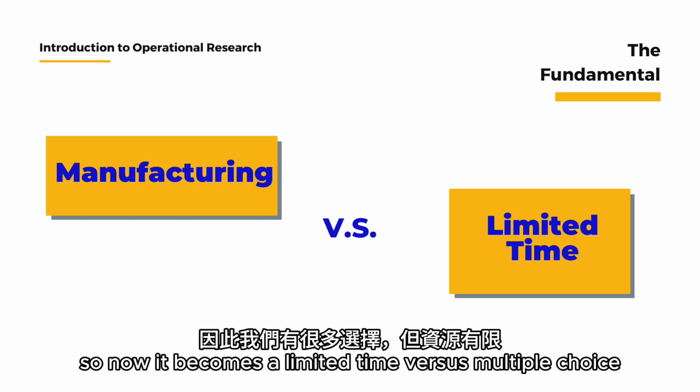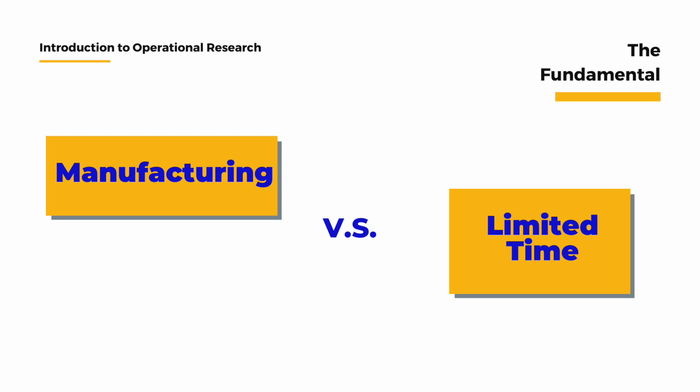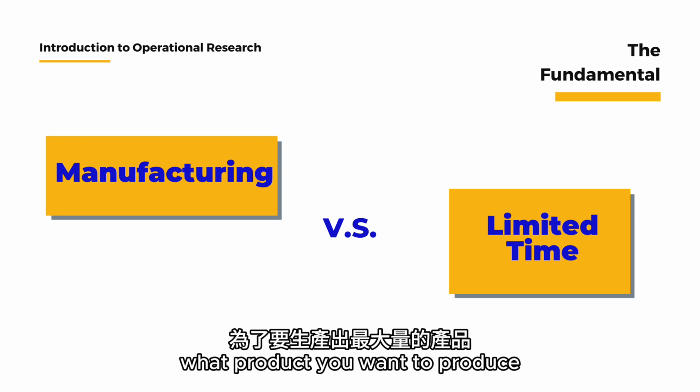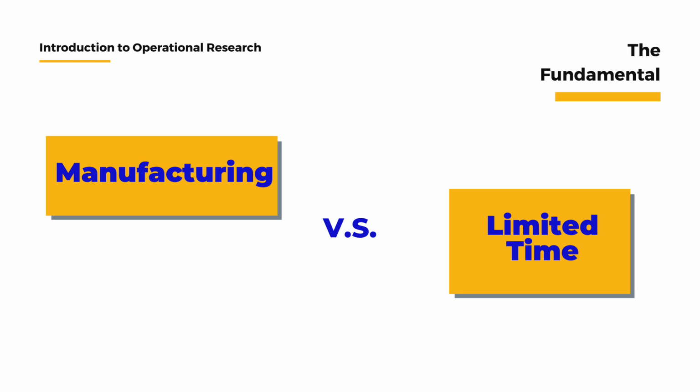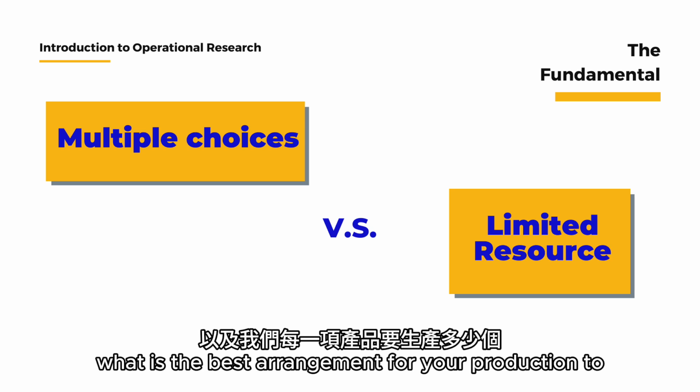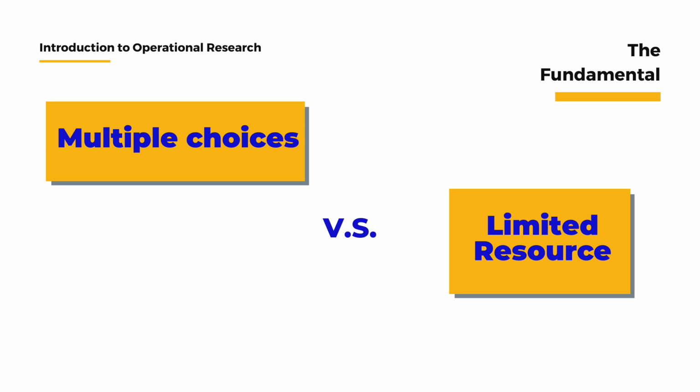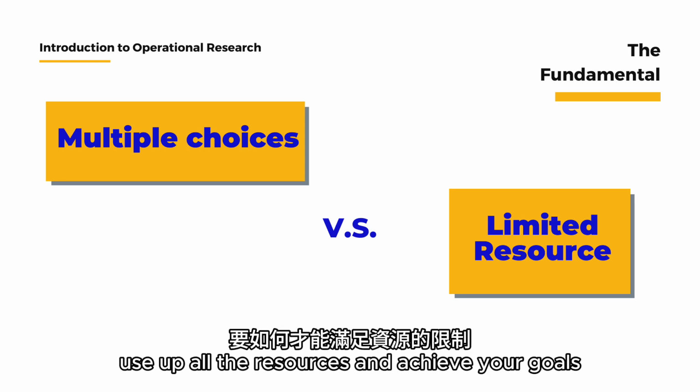So now it becomes limited time versus multiple choices. What product do you want to produce to maximize the production? What is the best arrangement for your production to use up all the resources and achieve your goals?